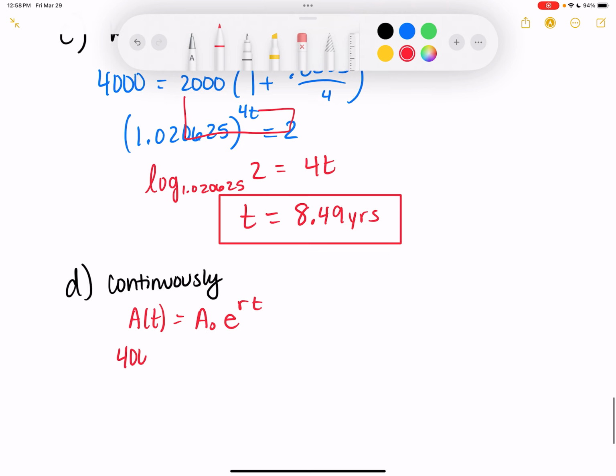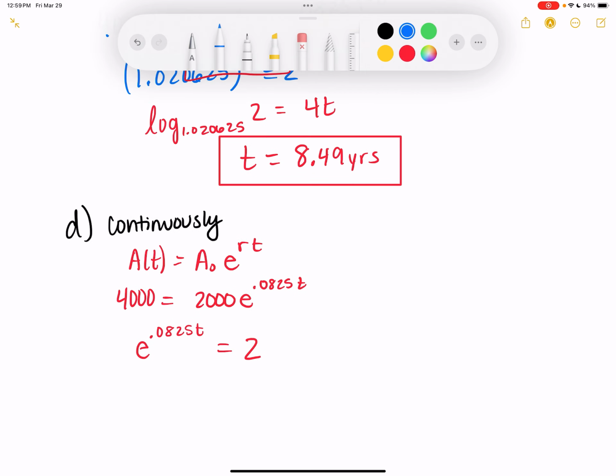So 4,000 is equal to 2,000 e to the 0.0825 times t. So this would be e to the 0.0825 t is equal to 2. Then use the log to solve. It's log base e, so ln of 2 is equal to 0.0825 times t, and then you'll just divide to get t.